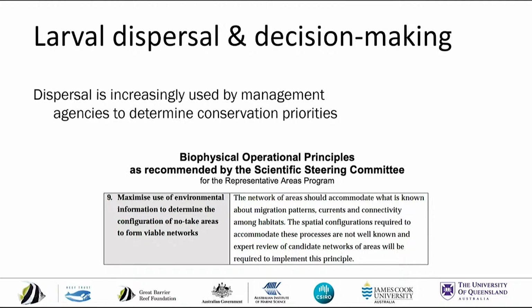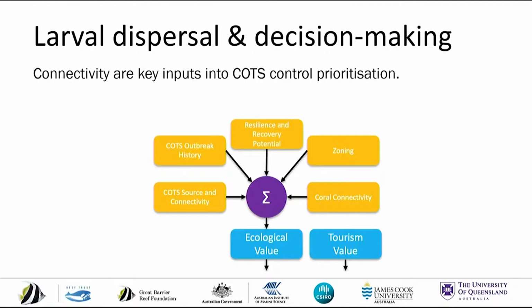So this was kind of the idea, and now dispersal is actually being used to make decisions. It's a bit difficult to talk about with Sam in the room, so for COTS, please feel free to correct me if I make any mistakes. For COTS control prioritization, dispersal is now 2 of the 5 key inputs that come into the decision.